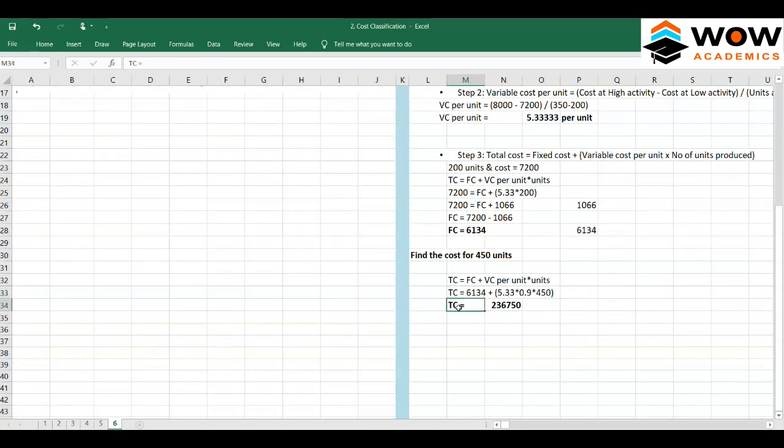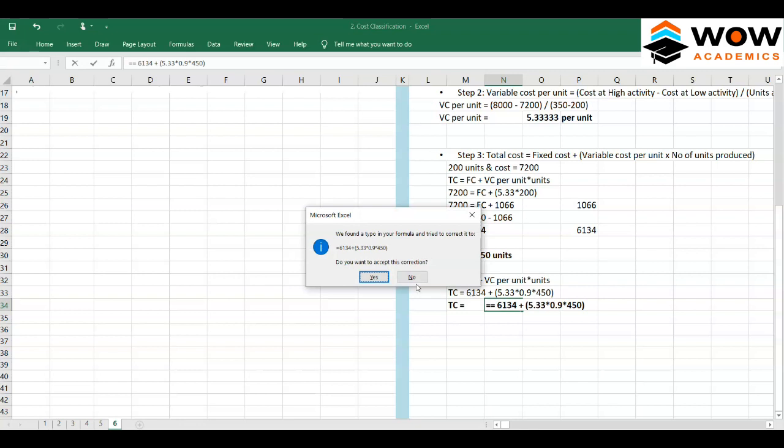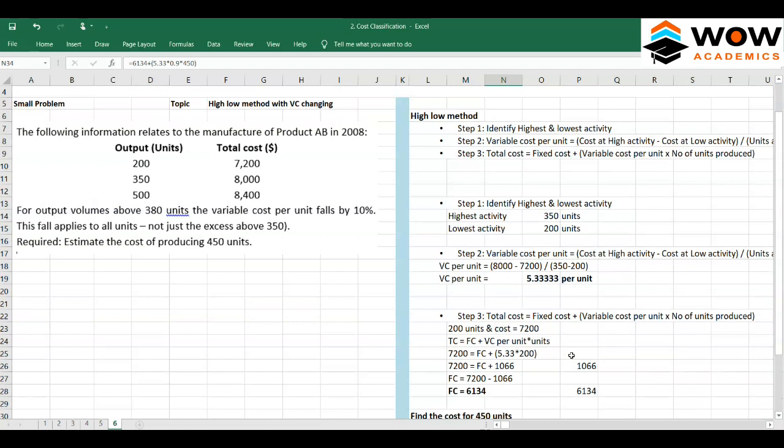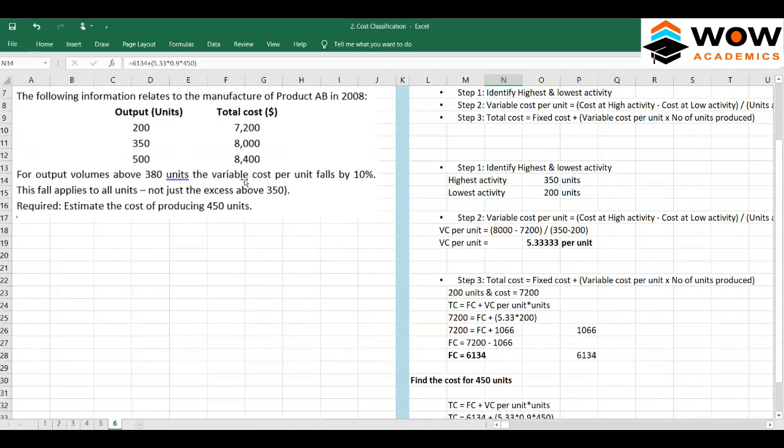So the total cost for producing 450 units comes to 8,292.